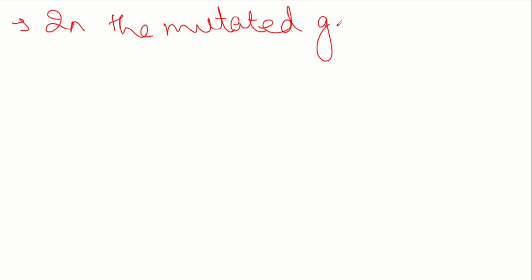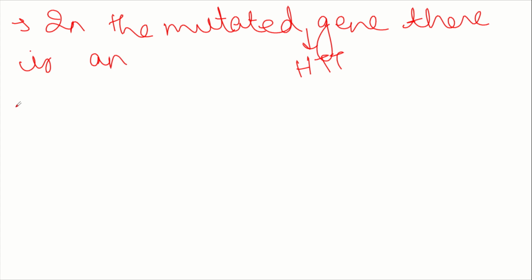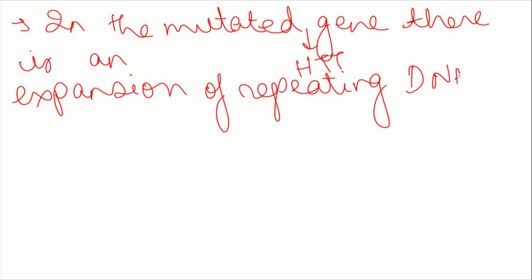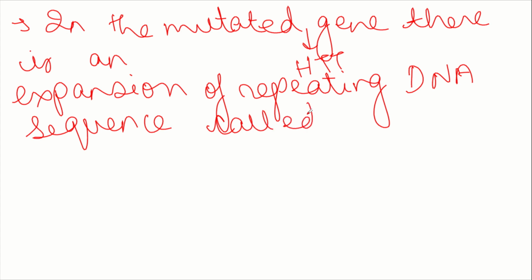In the mutated HTT gene, there is an expansion of repeating DNA sequence called CAG trinucleotide.